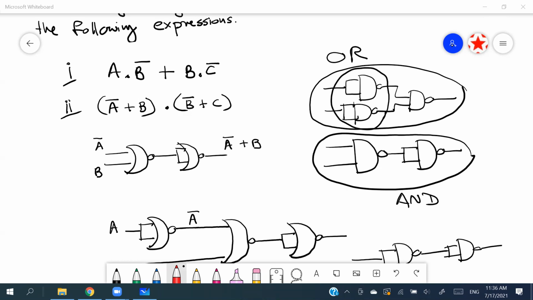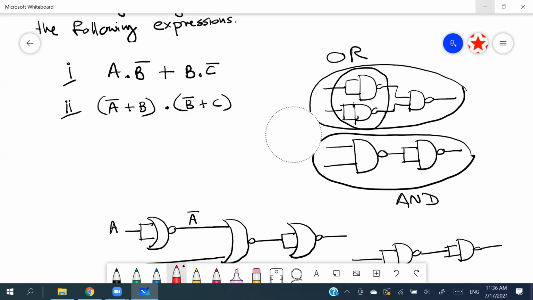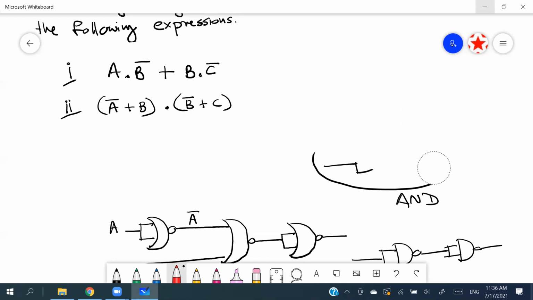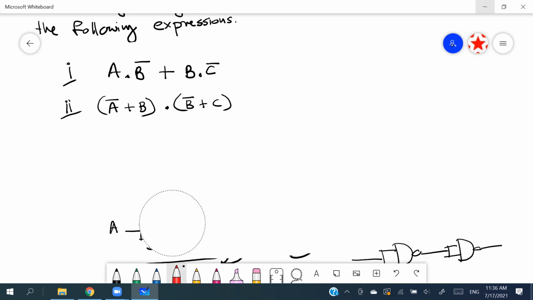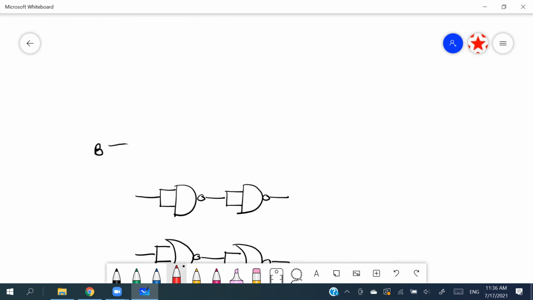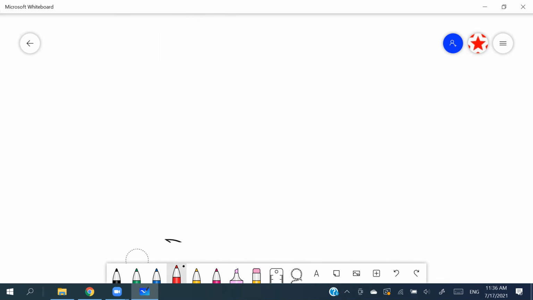So let me draw it quickly and you can check whether you have taken the concept fully or whether you are still struggling. And if you are still struggling, just let me know, I'll help you. Okay, so I'm going to draw the very first one. Hold on, I have to clean this.